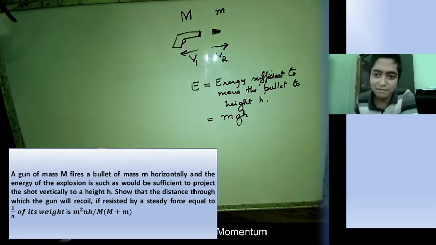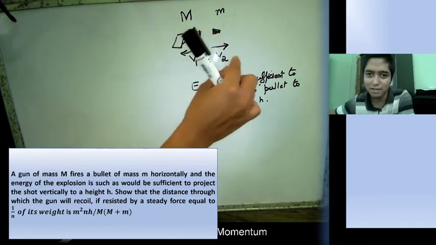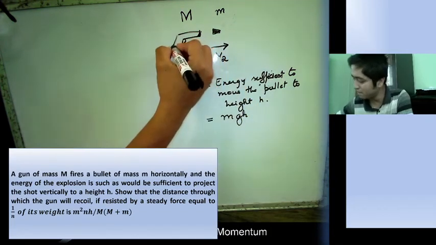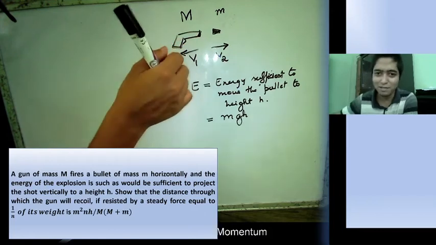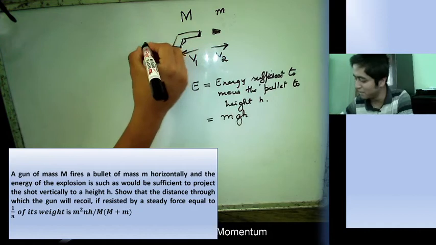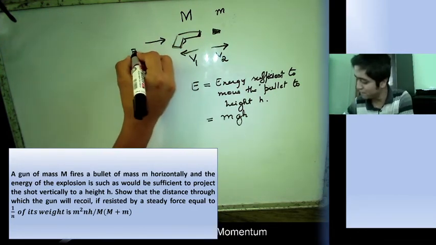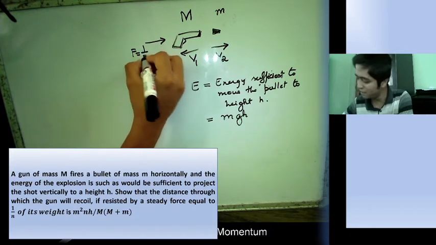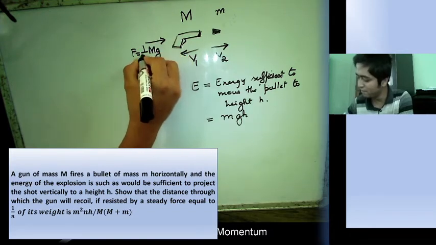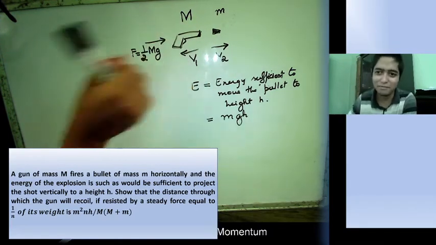So there is a gun, it is shooting a bullet, and afterwards there will be someone holding the gun, applying a resistive force to it. This resistive force is equal to 1 by n times the weight of the gun. The gun will be moving in this way, but there will be a resistive force.